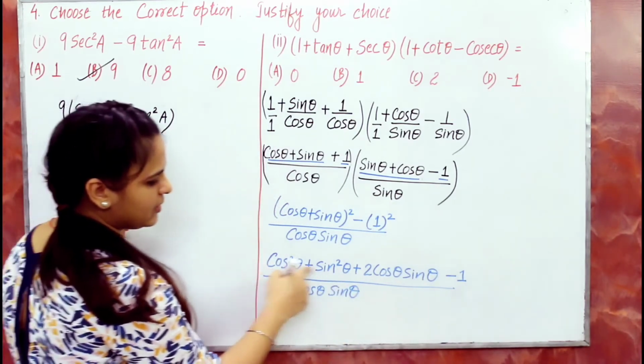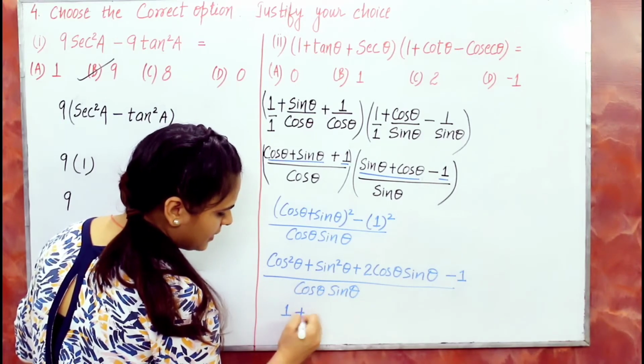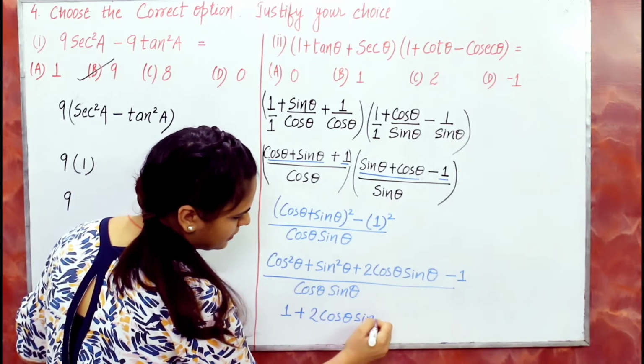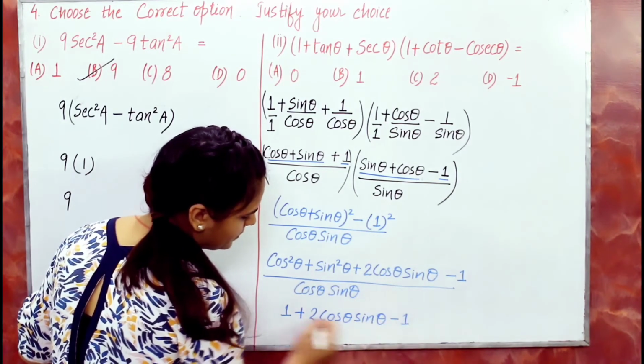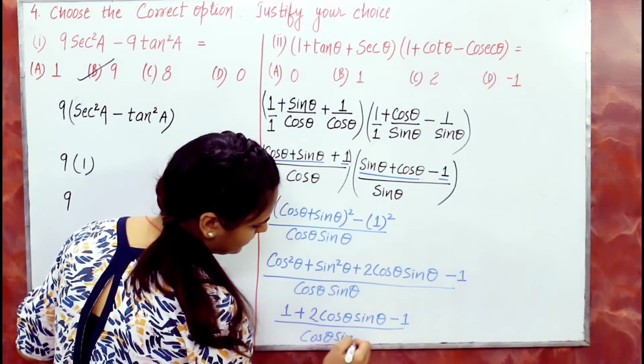Student, we know cos square theta plus sin square theta is equal to 1, plus 2 cos theta sin theta minus 1 upon cos theta sin theta.